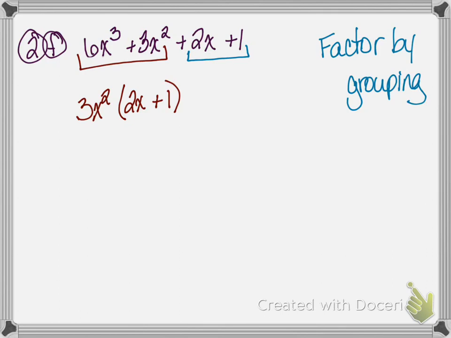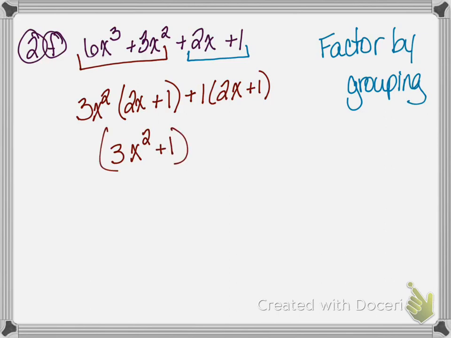Some students want to say 0 because they are factoring nothing out. But what you're factoring out is a 1. So be careful there. Do not put 0 there, because 1 times 2x gives me 2x, and 1 times 1 gives me 1. And my answer here is 3x squared plus 1 times 2x plus 1.